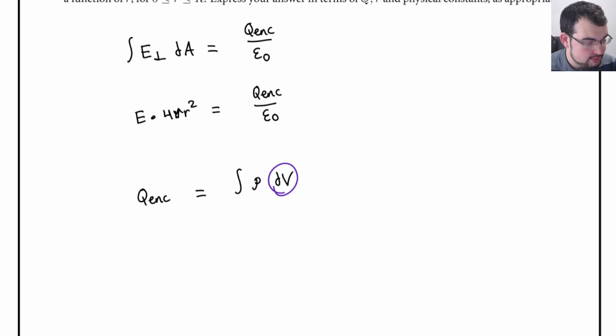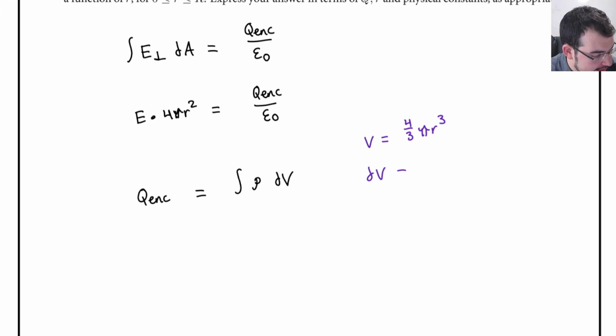So the dV is what throws people off because they just try to integrate. So a sphere has volume 4/3 pi r cubed. So a tiny change to the volume of that sphere would just be the derivative of this expression. So bring the 3 down, wipes out the 3, and oh, look at that, we get the area formula with a dr. That makes sense because you can build a sphere out of these little shells.